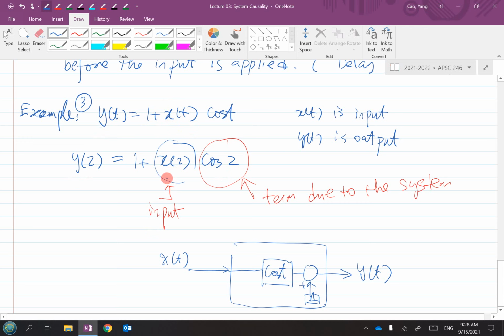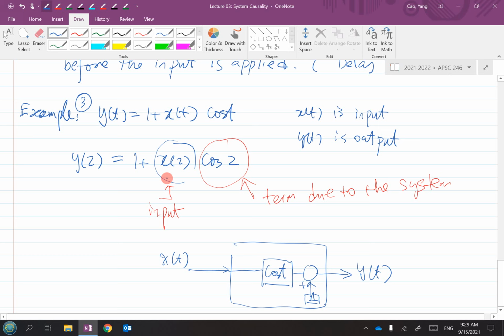Yes? Just a question here. To determine if a system is causal or non-causal, we just see if there are multiple single inputs, right? We're focusing on single input, single output now. But if there's multiple inputs, like different values, like f equals 2 and f equals 4, is it non-causal?